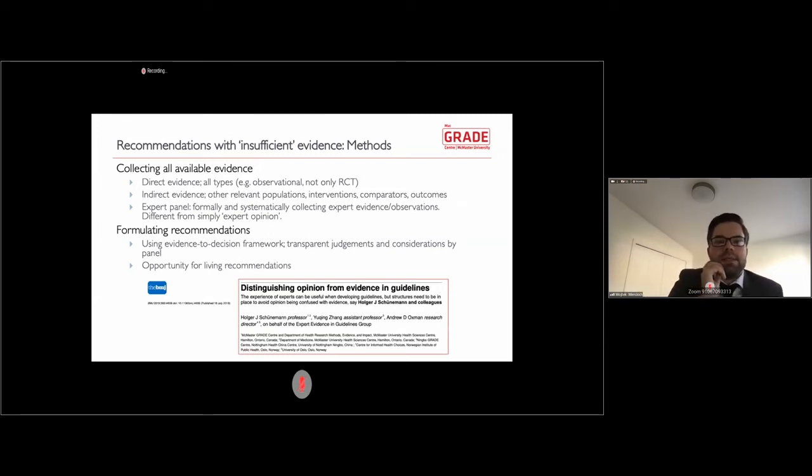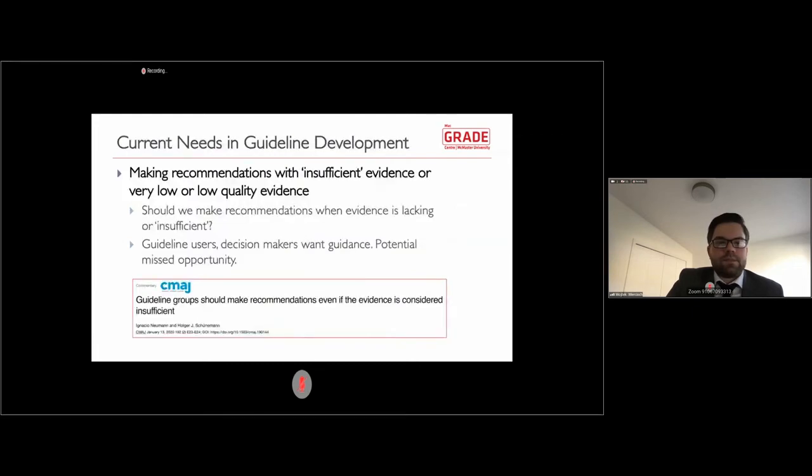So with this, the question is, should we make recommendations? And the argument here is that we should, given that guideline users and decision makers want guidance. These questions have been prioritized for a reason, because decision makers want to be guided with specific recommendations.